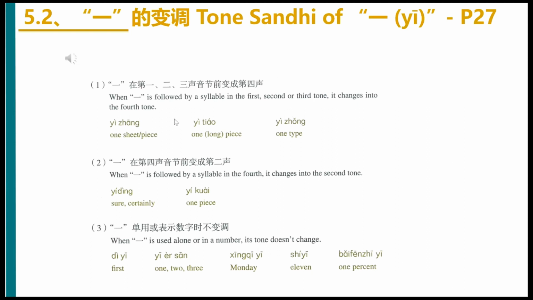The same rule applies to syllables in the second tone and the third tone that follow it. And when 一 is followed by a syllable in the fourth tone, it changes into the second tone. For example, 定. This 定 is using the fourth tone, right? So the first one changes into the second tone. 一定.